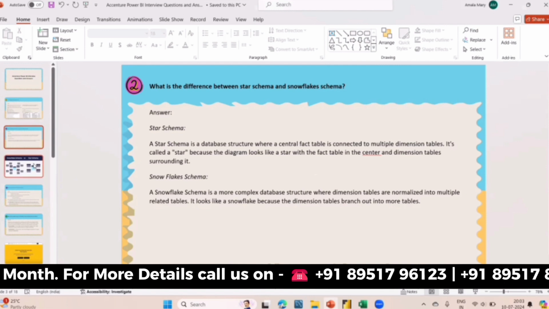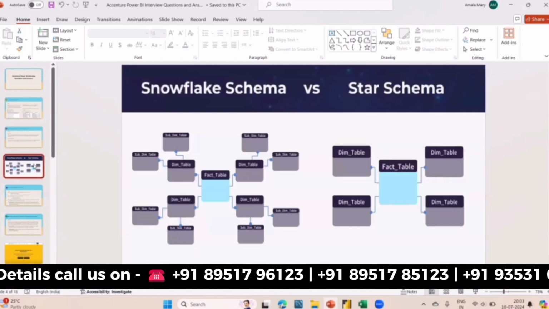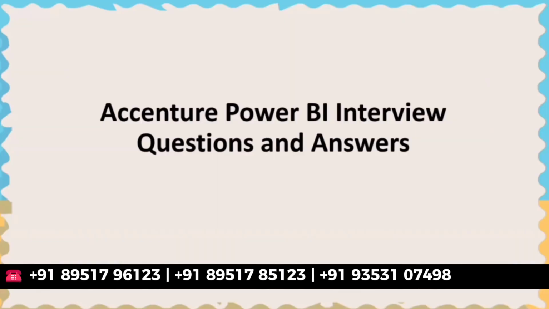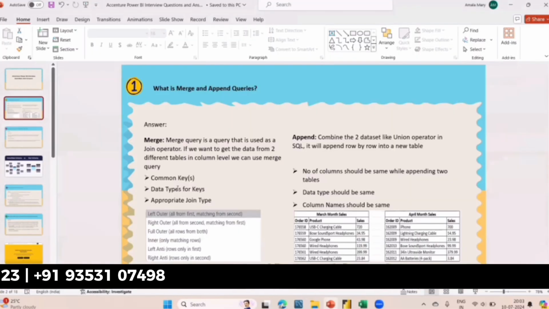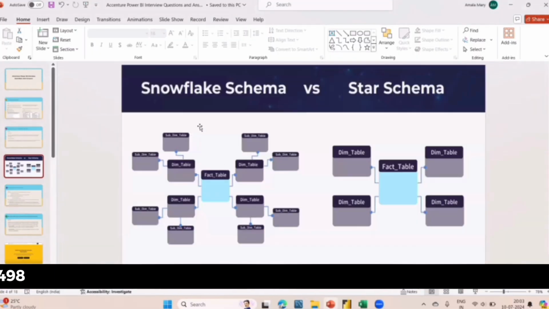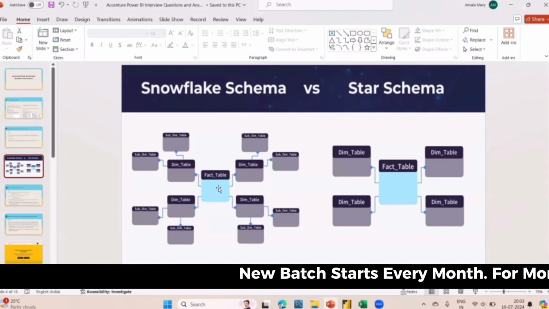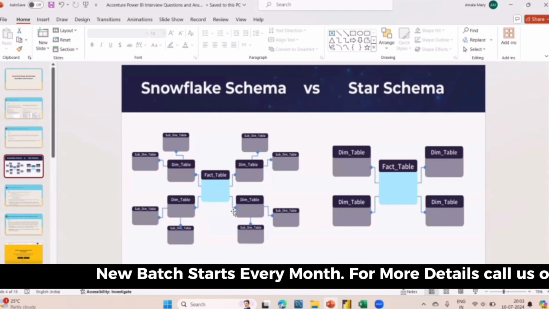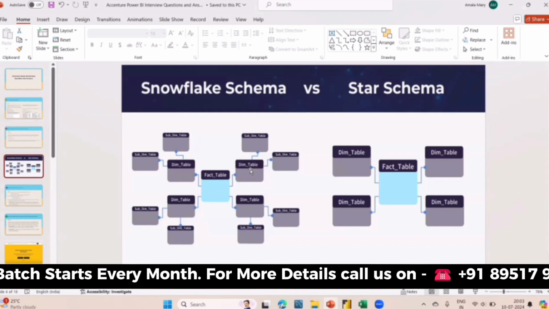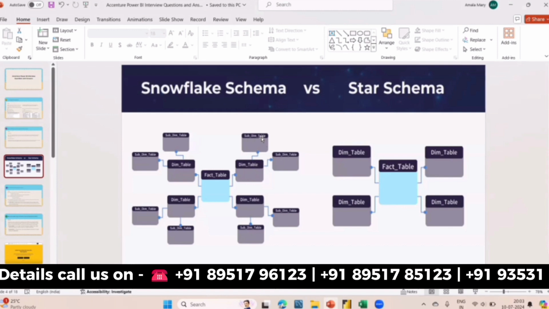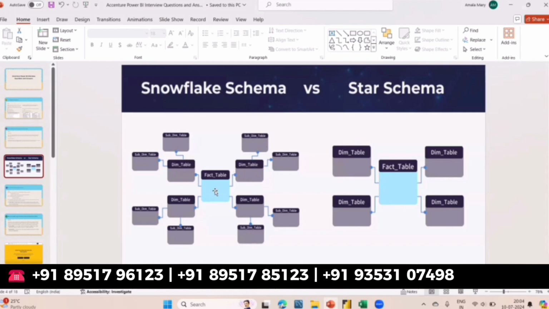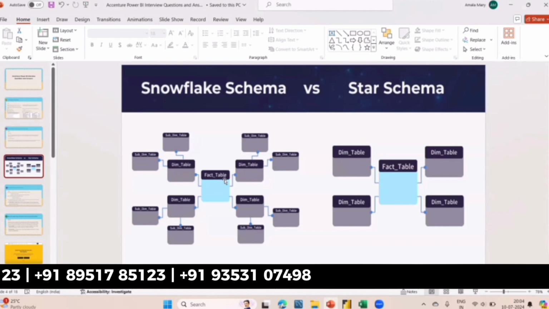So for example, if you can see here, in Snowflake schema, there is a fact table and it has been surrounded by the dim tables, but the dim table is having some sub dim tables. So this sub dim table is indirectly connected to the fact table. So it is a complex model.